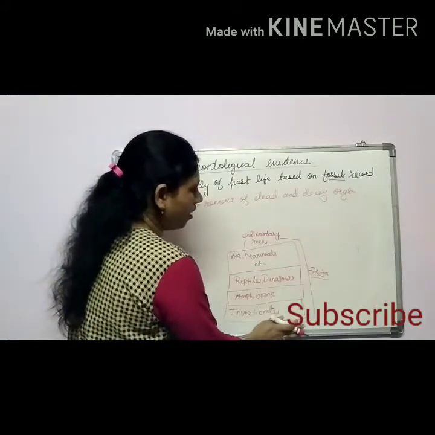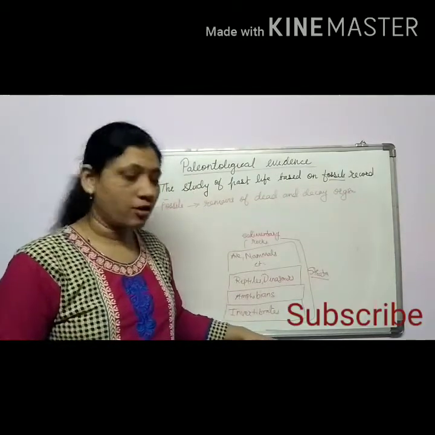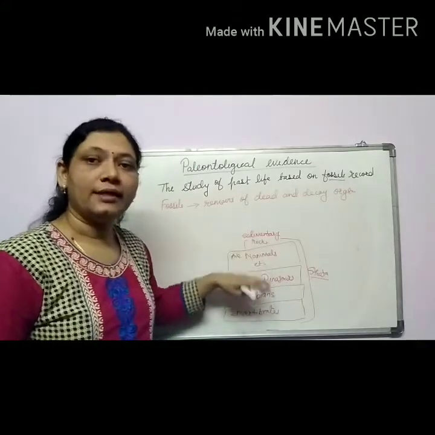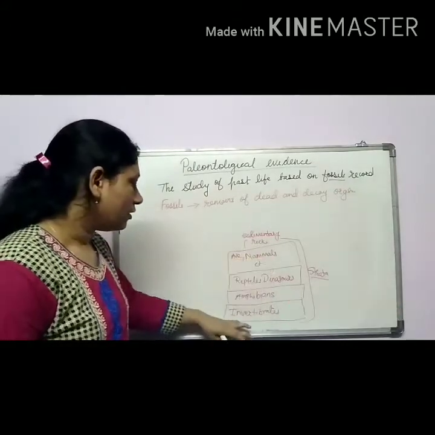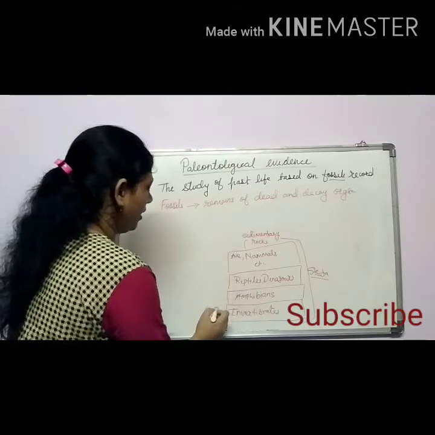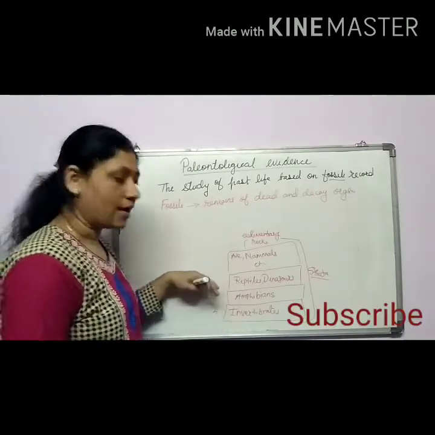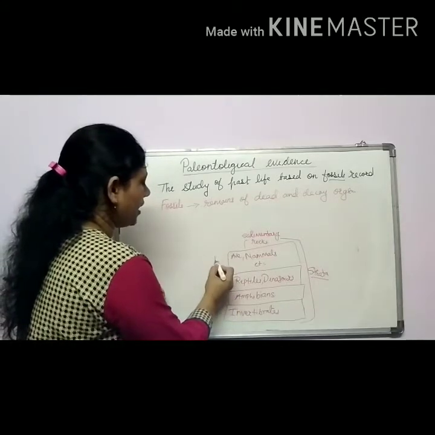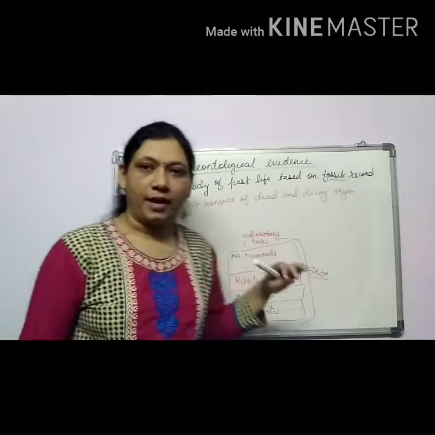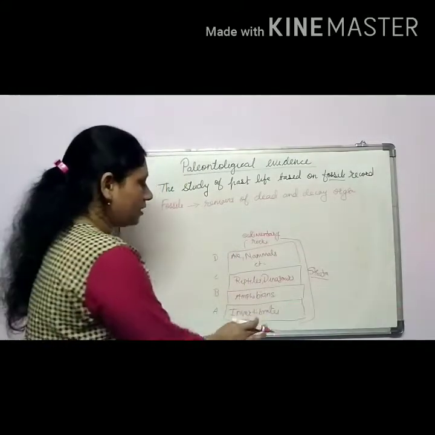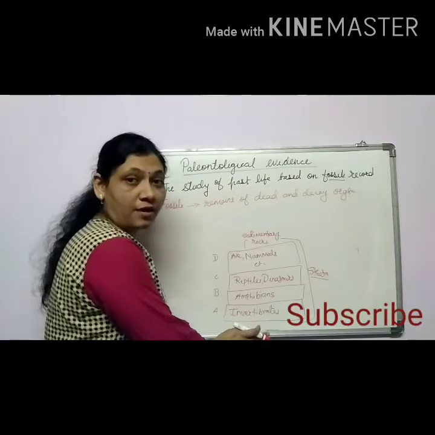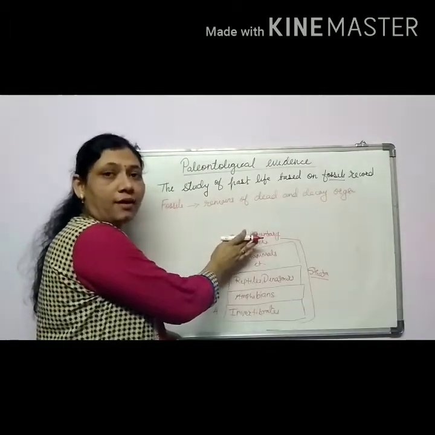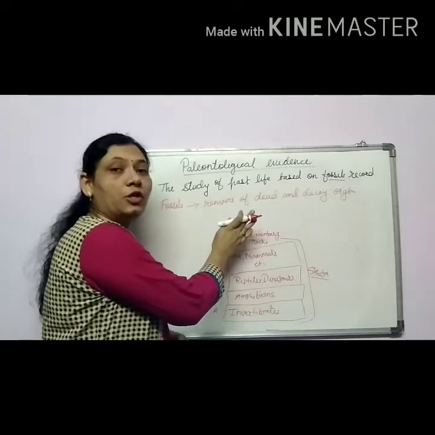This is the older one. These are the newer, younger ones. So A is older than B, B is older than C, and C is older than D. This bottom is a very old rock, and this topmost layer is known as the new rock.